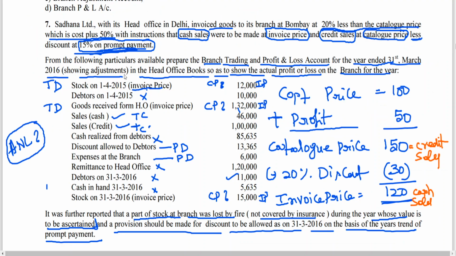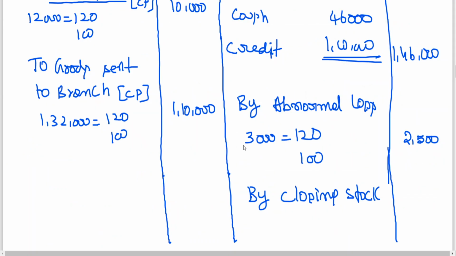What is closing stock? 15,000. 15,000 is invoice price, no? This 15,000 also has to be converted into cost price, 12,500.